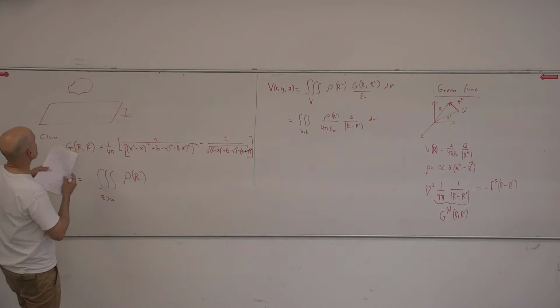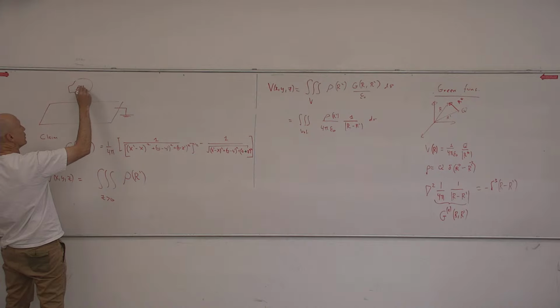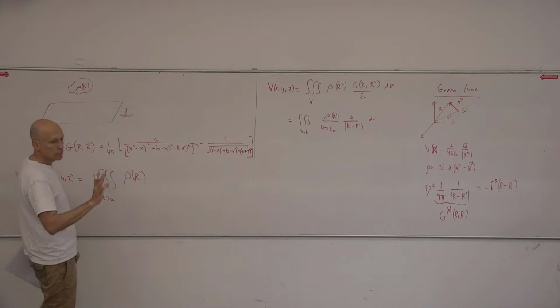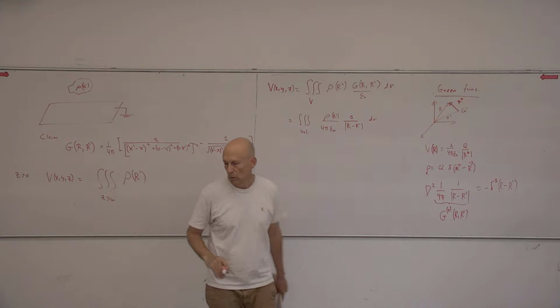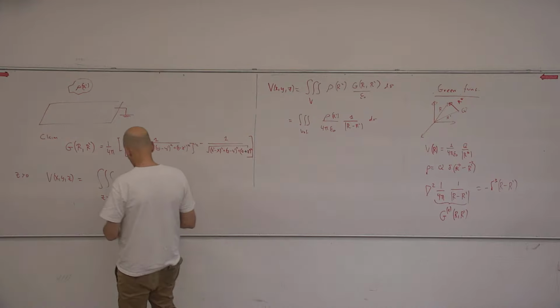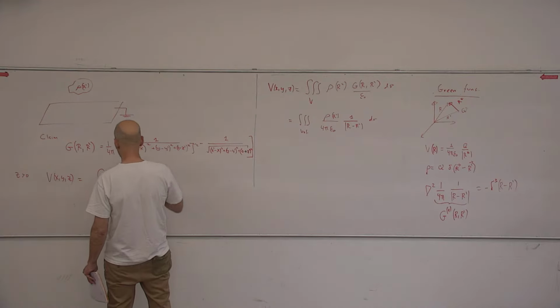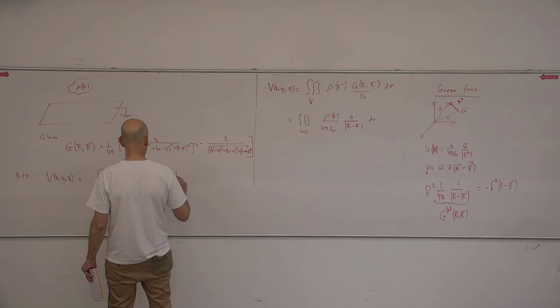So the charge density is in 3 dimensions. Here I have some amoeba with charge on it, multiplied by this Green function that I just now gave to you.